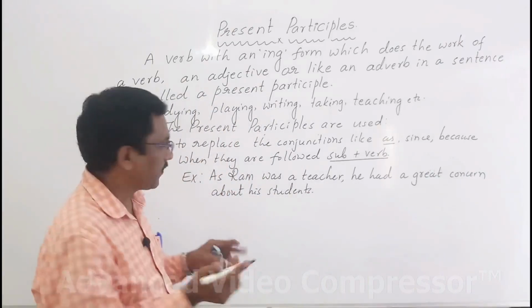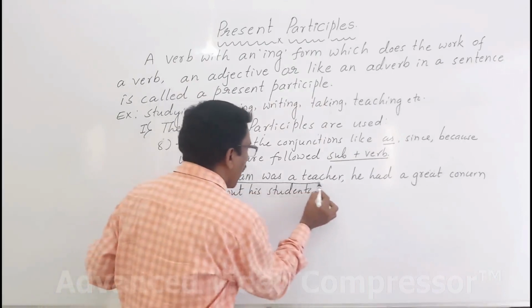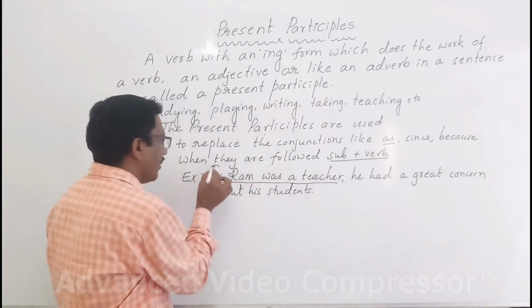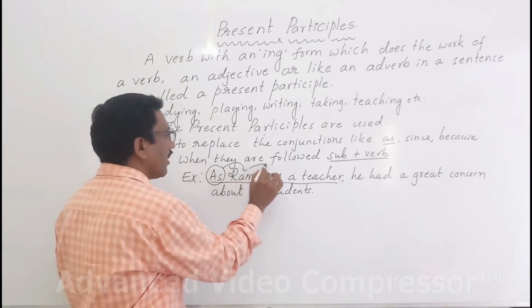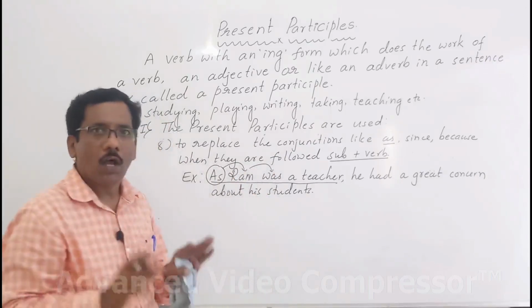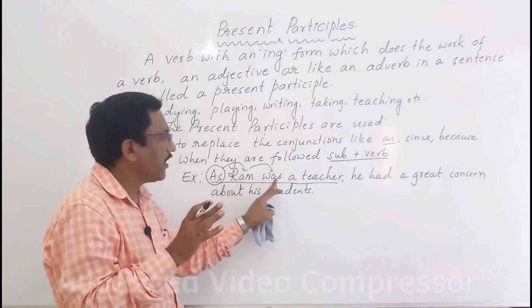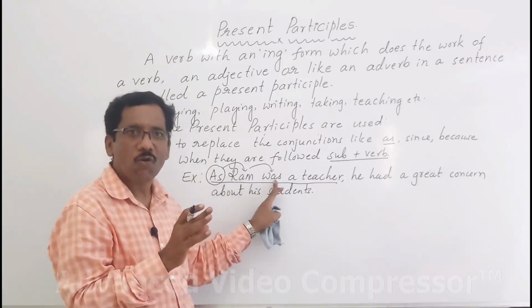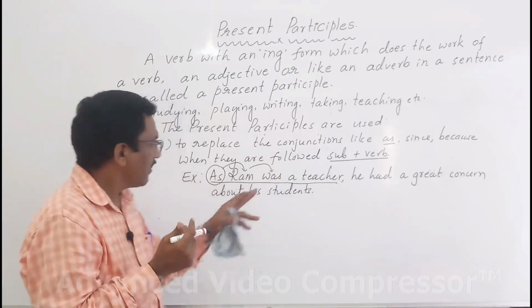This is a sentence. Here, this sentence has begun with as Ram was a teacher. As is a conjunction, is followed by subject and verb. Now we can replace these as, subject and was. How? By using present participle.